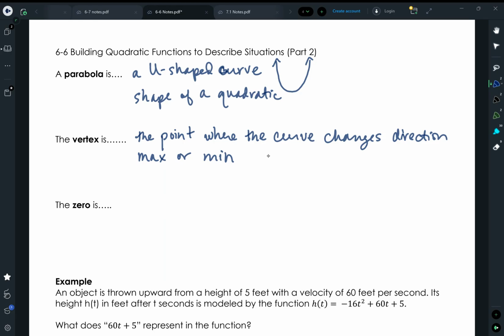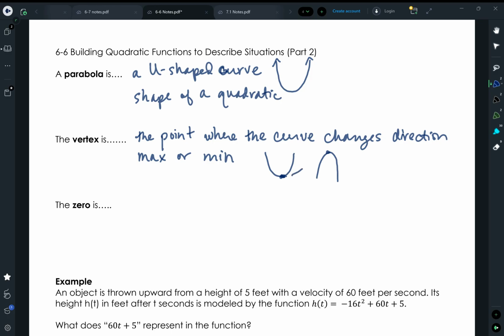So if I think about what a quadratic looks like, the vertex could be this point at the bottom. Our curve is going down and then it stops and comes back up, or if I'm looking at an upside down U shape, my graph is going up, it stops, and then it's going back down. So you could almost think of it as like throwing a ball and that motion, projectile motion.